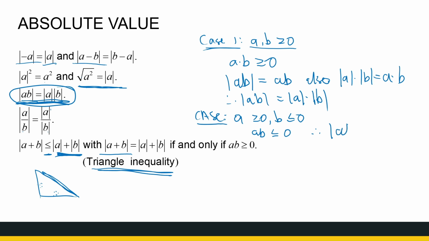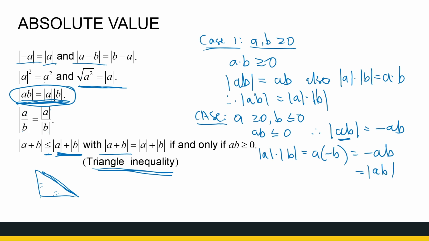So the absolute value of AB is going to be minus AB, because I've got something negative inside there. Then if I look at the absolute value of A times the absolute value of B, A is positive, so that'll just be A. B is negative or 0, so that'll be minus B, and that gives me minus AB. So we can see that the absolute value of A times the absolute value of B is equal to the absolute value of AB.